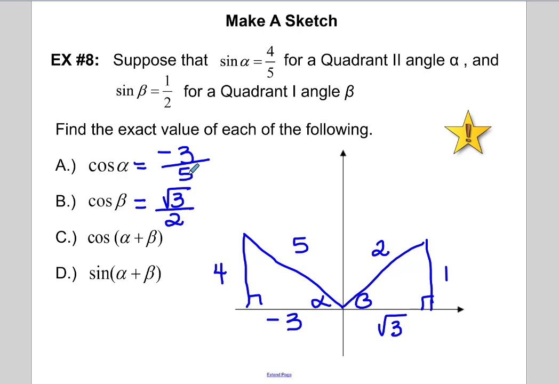So we got negative 3/5 and radical 3 over 2. We have 4/5 for sine of alpha and 1/2 for sine of beta. And we're going to look at cosine of alpha plus beta on this next page.